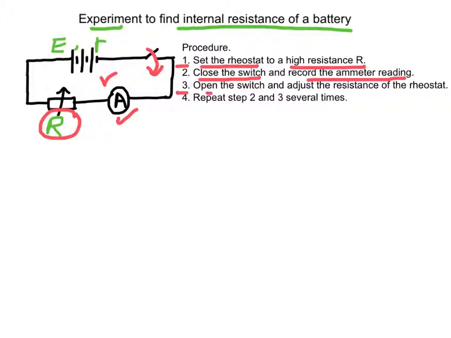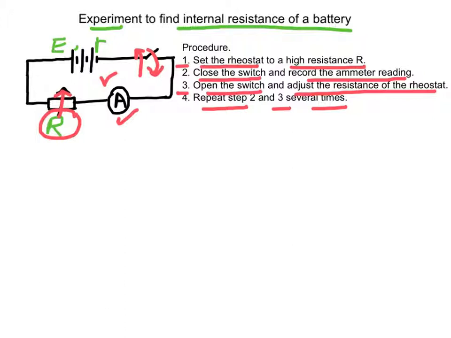Next, open the switch and adjust the resistance of the rheostat. Then repeat steps 2 and 3 several times.